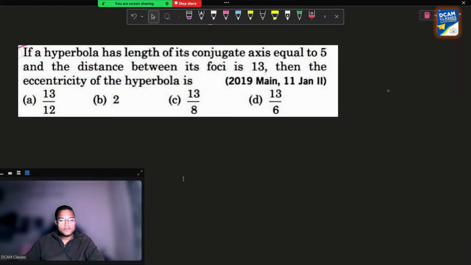I don't know the answer for this. Okay, then I'll solve it. You keep on solving. I'll be solving it also. And let's check the answer.